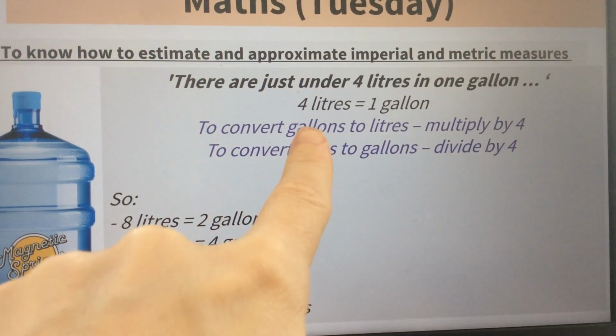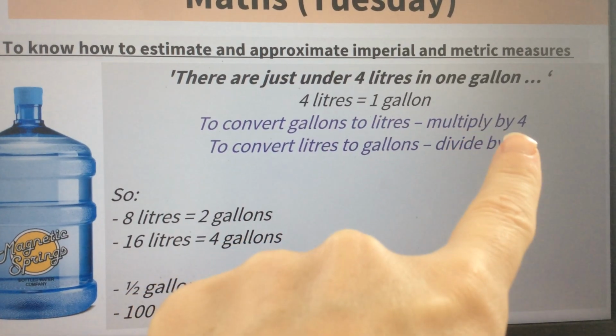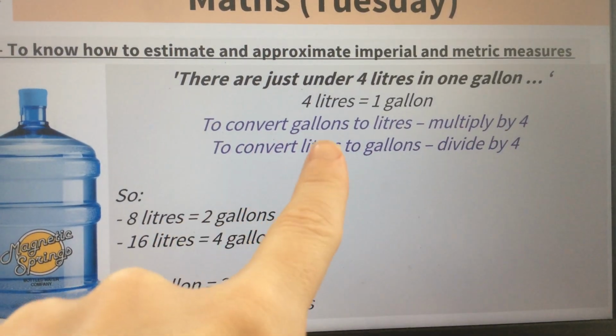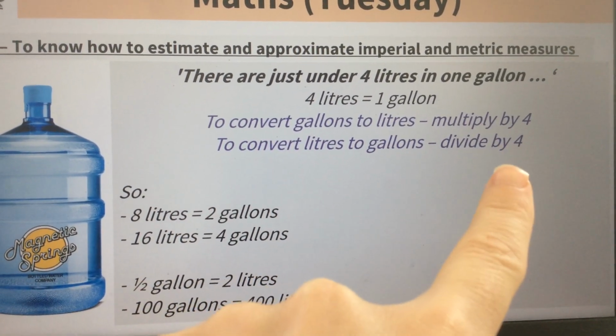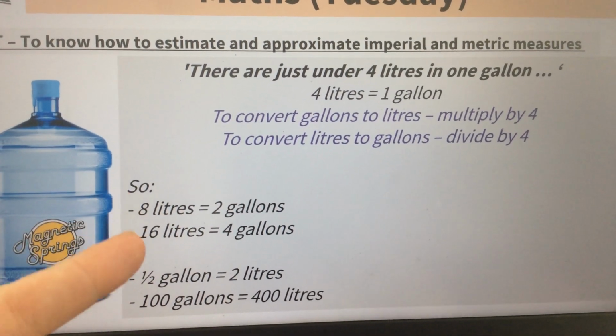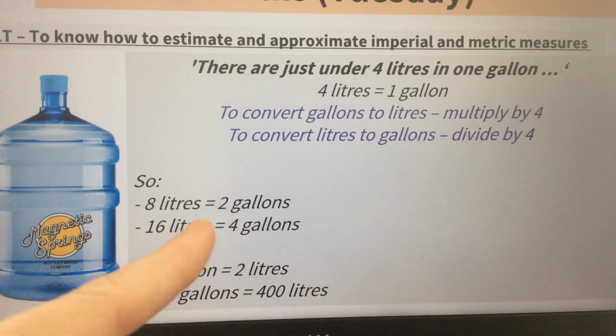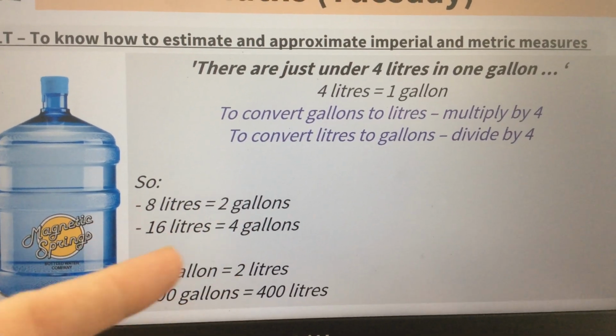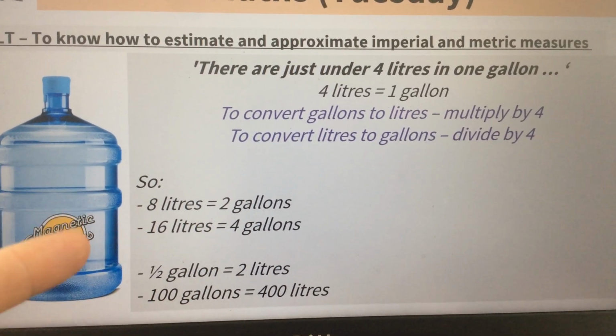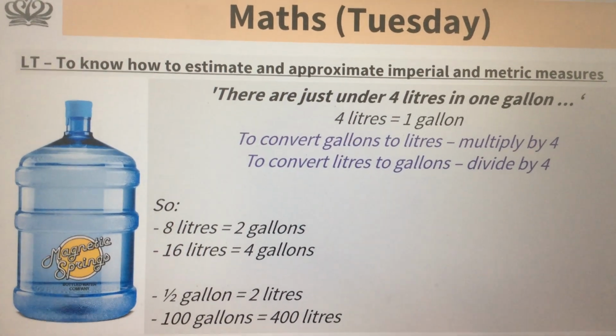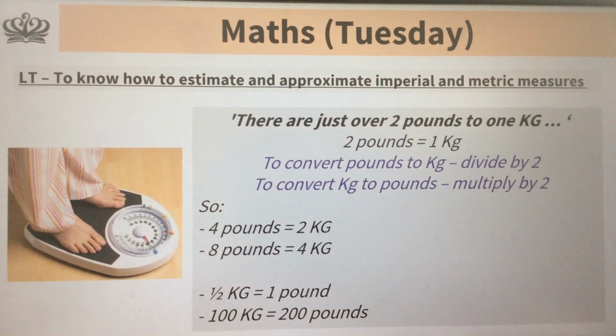So if we're converting gallons to litres, we've got to multiply by 4. And if we're converting litres to gallons, we've got to divide by 4. We can also use this as well. If we've got something that is 8 litres, that's going to be approximately 2 gallons. And that works if we double as well. So using this today for converting capacity.